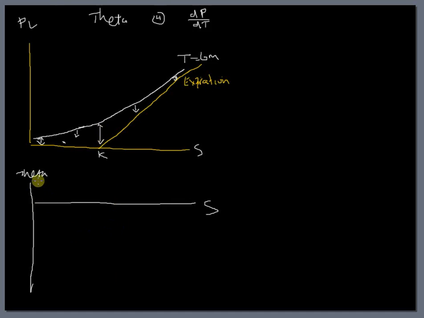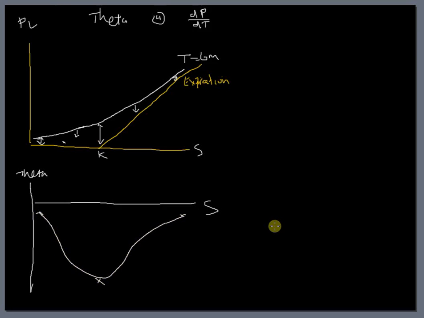Let's try to draw the theta diagram with respect to the spot. Therefore, at the money option, it should be highest, while in the money and out of the money options should be lowest. So the theta diagram will be represented something like that.